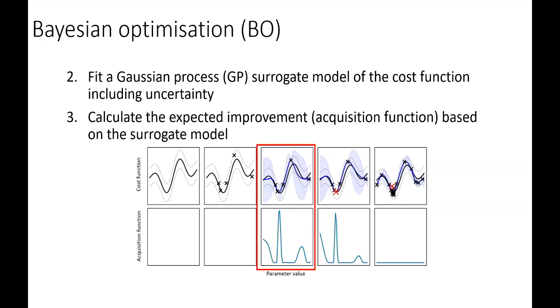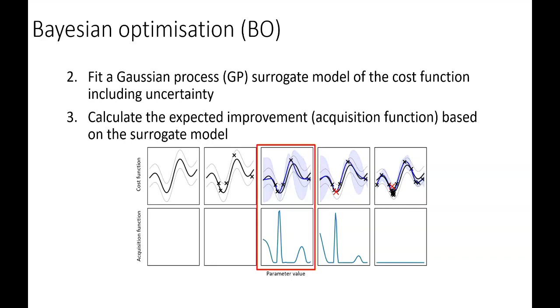And that includes uncertainty about what we think the true cost function is. So for example, if we look here, right, near the points where we sample, we've got a high degree of certainty about what the value of the cost function is. Away from where we've sampled, we have a lower degree, we have more uncertainty, right?